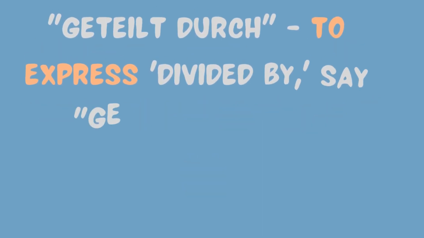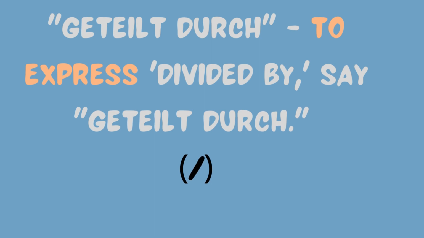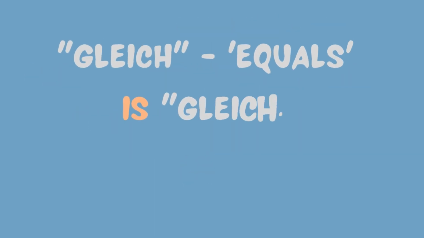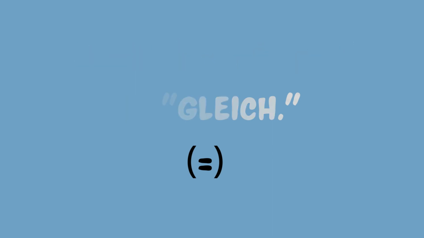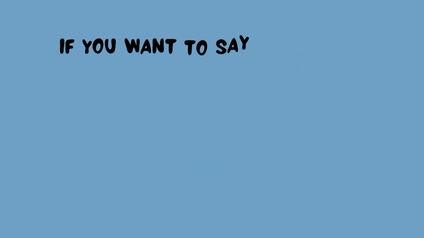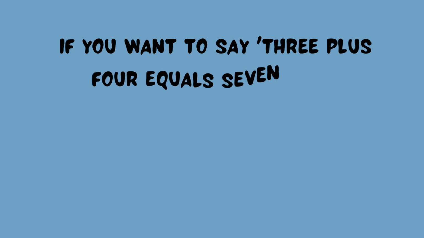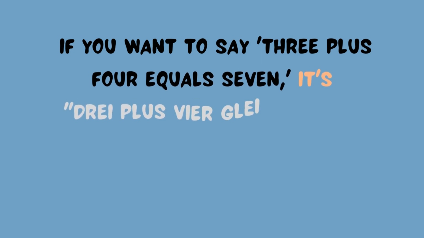Geteilt durch, to express divided by, say geteilt durch. Gleich, equals is gleich. For example, if you want to say 3 plus 4 equals 7, it's 3 plus 4 gleich 7.